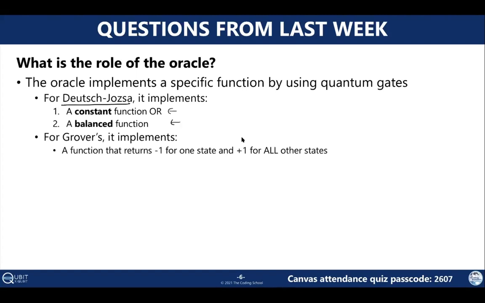It's not going to implement both. And it could be random, like you can randomize which one you implement. So that is different from how Grover's algorithm uses oracles. In Grover's algorithm, it will always implement this one function that returns -1 for one state and +1 for all other states. And that's kind of like the prep search step.